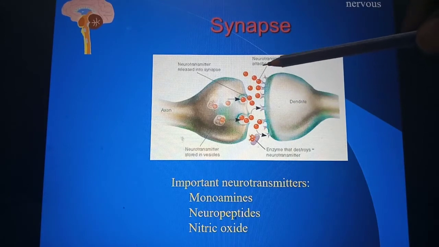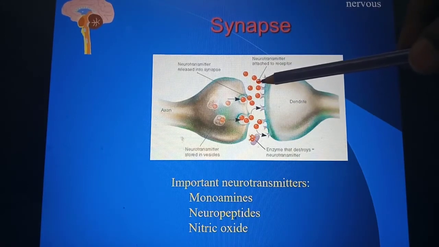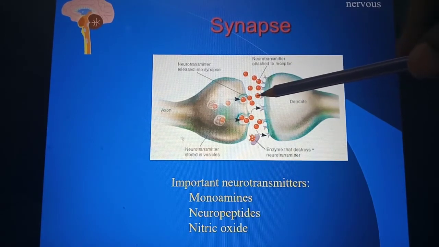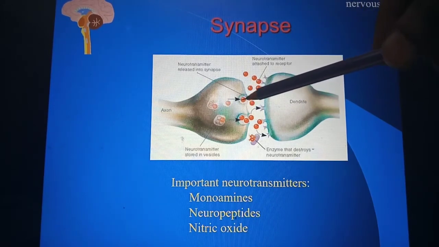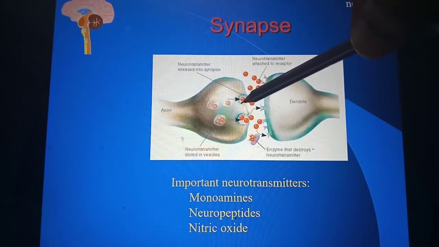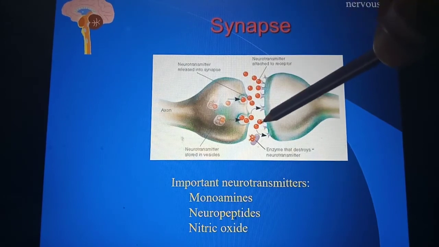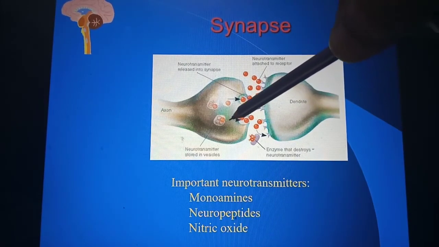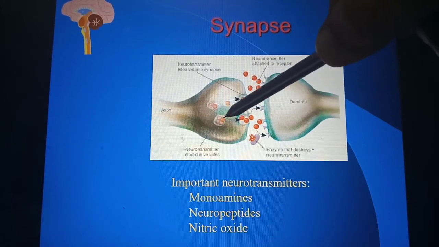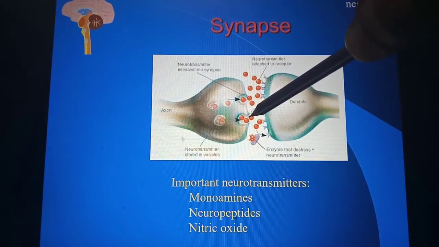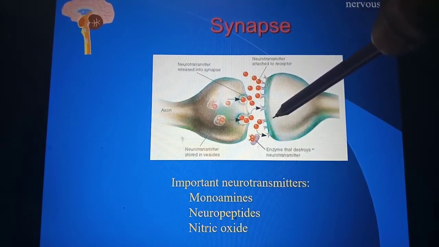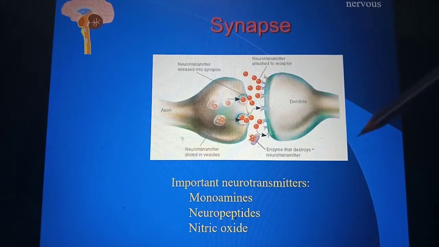Here you can see neurotransmitters which are attached to the receptor. They are released, and they join here. So this information comes from the axon towards this dendrite, and from this dendrite the information is carried on to the axon of this nerve, and then it keeps going like that.